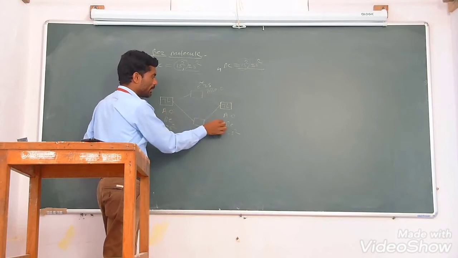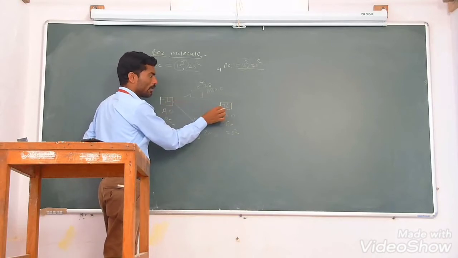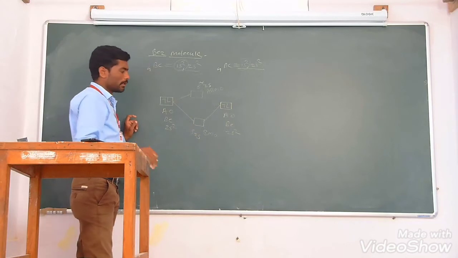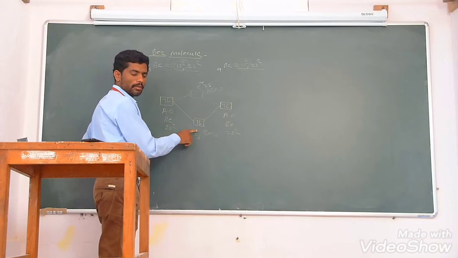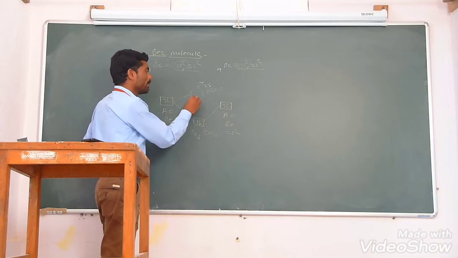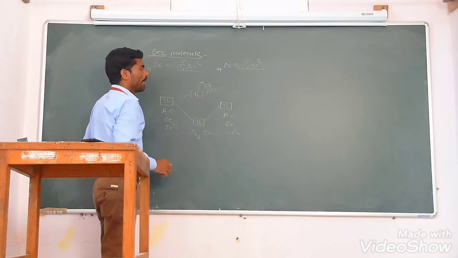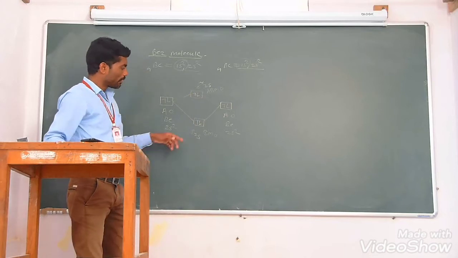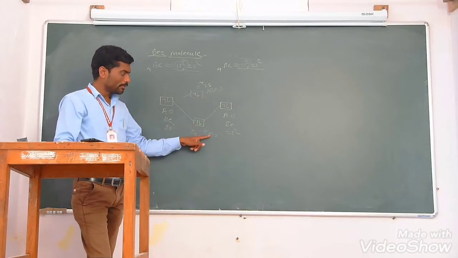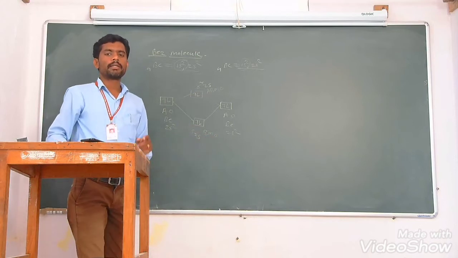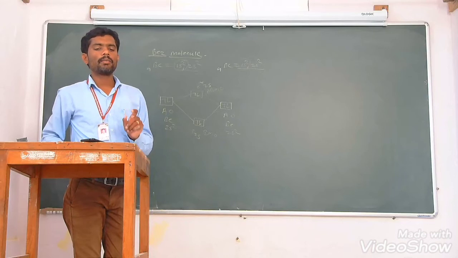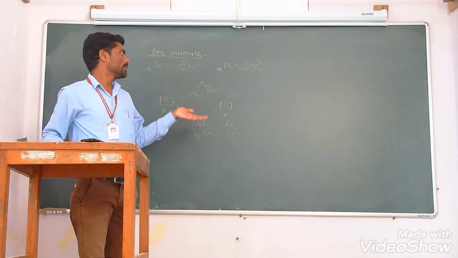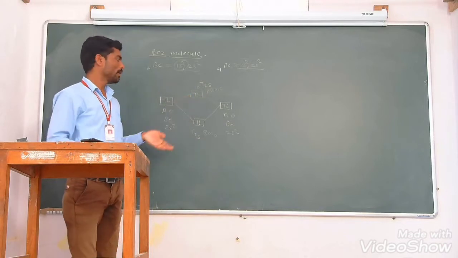Here both beryllium atoms contain a total of 4 electrons. Out of these 4 electrons, the first 2 electrons enter the bonding molecular orbital because it is lower in energy. The remaining 2 electrons enter the antibonding molecular orbital. We know that the 2s bonding molecular orbital accommodates only 2 electrons. That's why the remaining 2 electrons enter the antibonding molecular orbital.